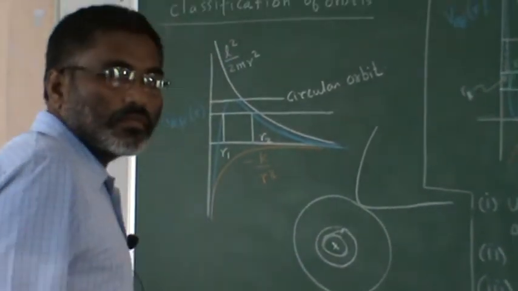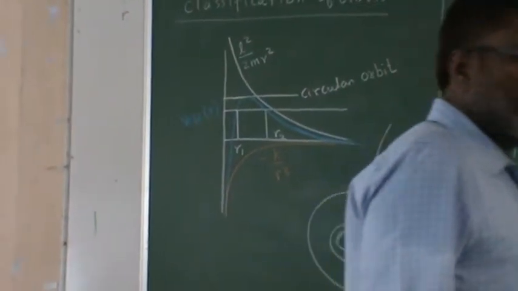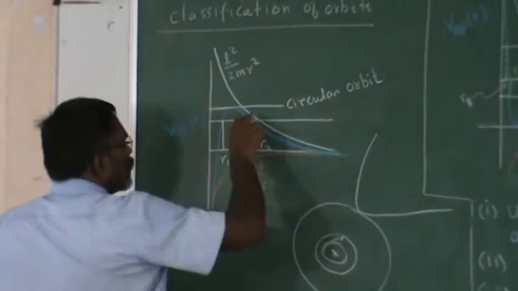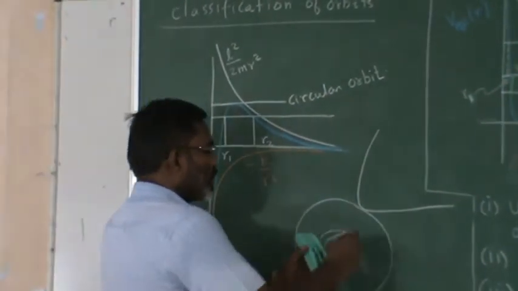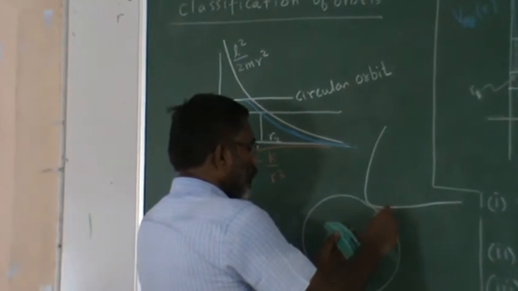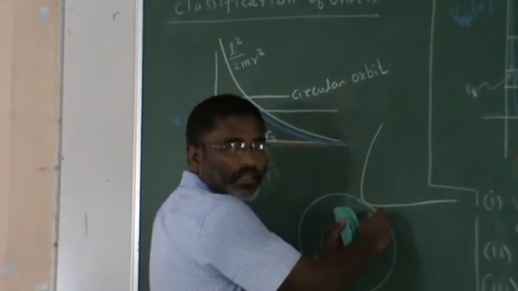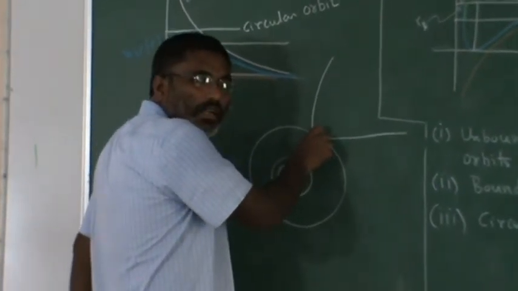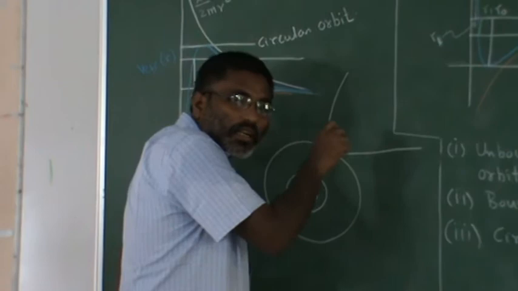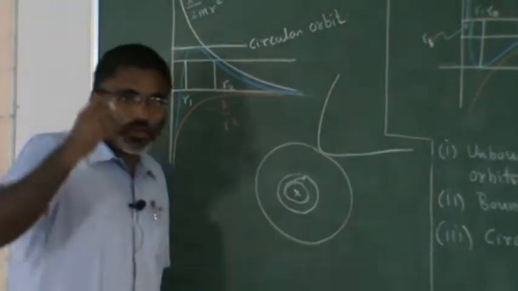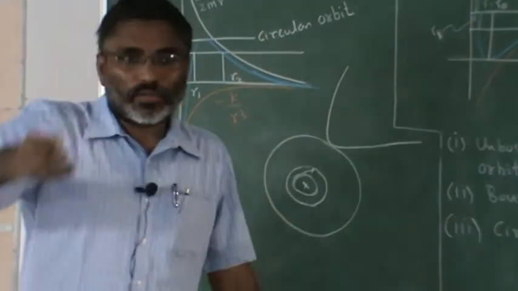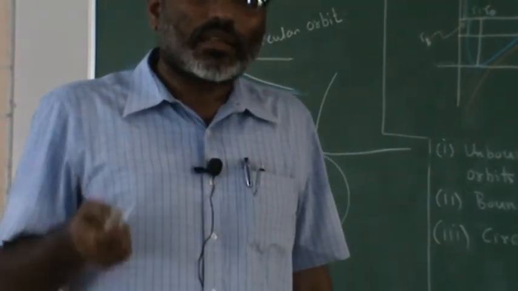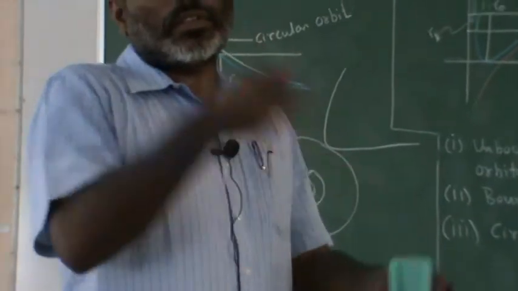So how can that be a circular orbit when E is greater than this? Here, will it be bounded motion then? Yeah, so the point is that now these two will coincide, but if I am able to give an exact initial condition on that circular orbit, it will be a circular orbit. It's an unstable circular orbit, so it is very difficult to realize experimentally, because infinitesimally away from that will take you out.